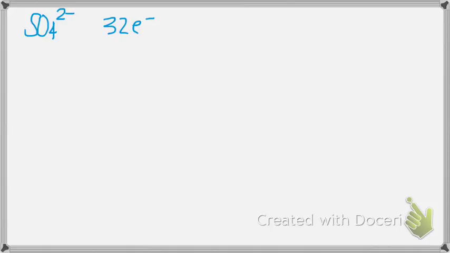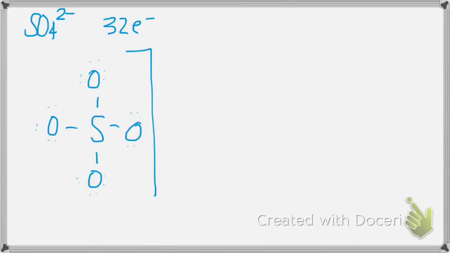So the first way we're going to draw it is just put 4 oxygen on there, and then give everybody their electrons. When I do that, remember we do the brackets, and we say 2 minus. If I count all those up, they should have all of their electrons.